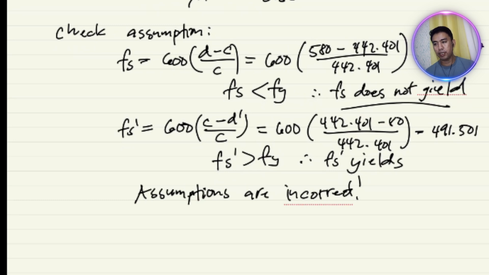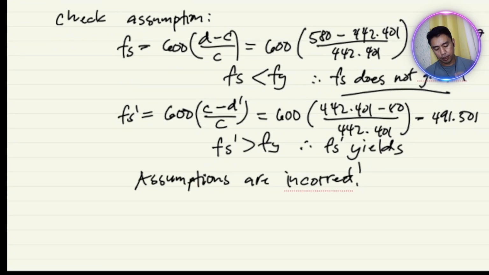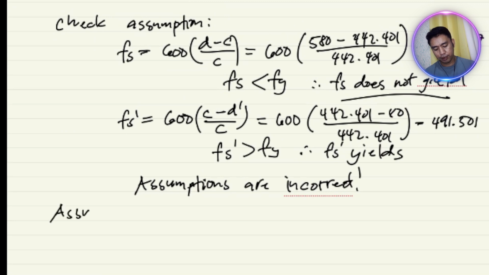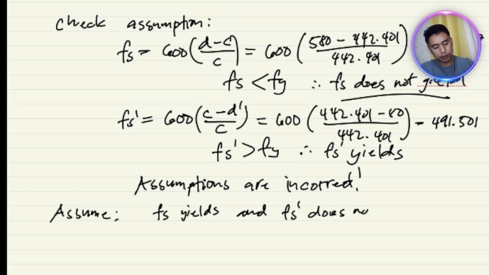Okay, so since this is incorrect, assume naman tayo ulit. Second run ng assumption. Sige, assume lang ng assume. Ang first assumption natin, so base pa rin dito. Ang lumabas is Fs yields. So Fs yields and Fs prime does not yield.